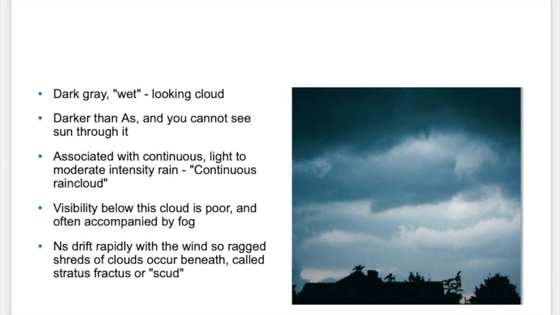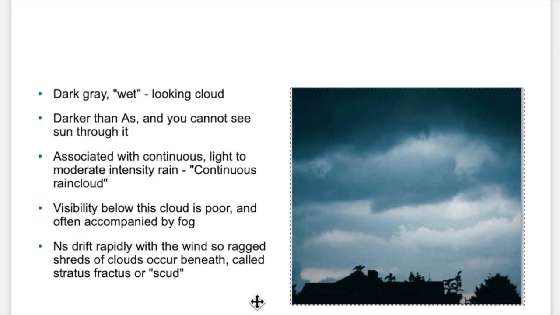And then we have nimbostratus. So nimbostratus clouds derive their name from the Latin nimbus, which means rain cloud, and stratus, to cover with a layer. So these are dark gray, wet looking clouds, and they're darker than the altostratus, which we saw that had that muddy sun, the water painting type of sun photograph, and you cannot see the sun through it like we see here.